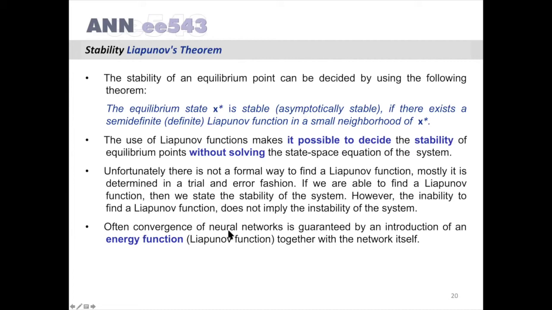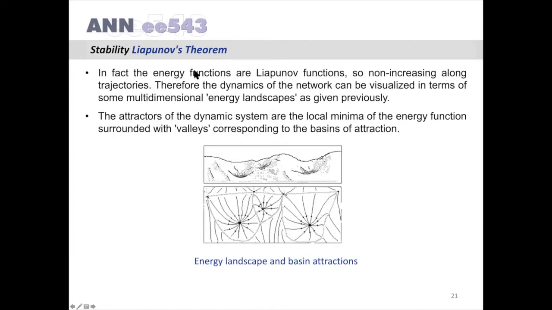Often convergence of neural networks is guaranteed by an introduction of an energy function, a Lyapunov function, together with the network dynamics. In fact, the Lyapunov functions are non-increasing along trajectories. Therefore, the dynamics of the network can be visualized in terms of some multidimensional energy landscapes as given previously.